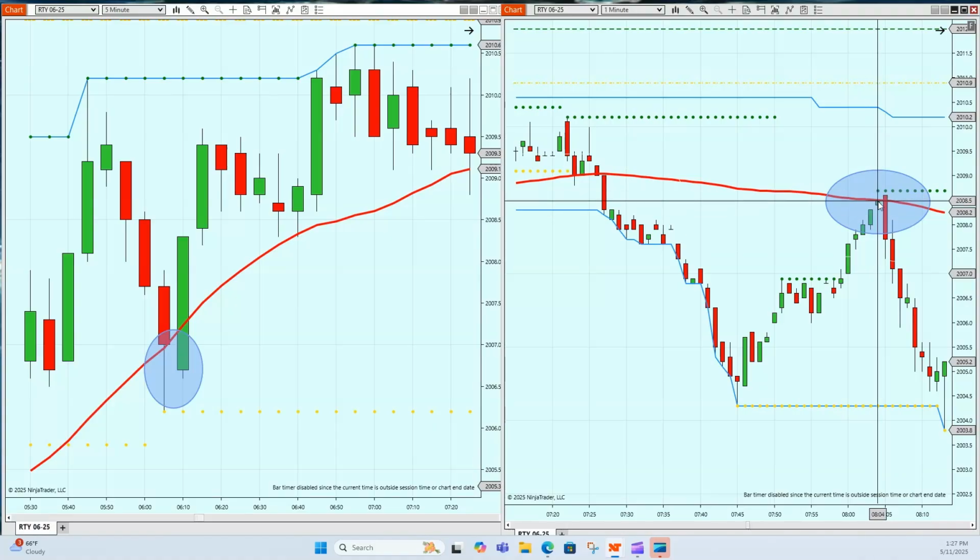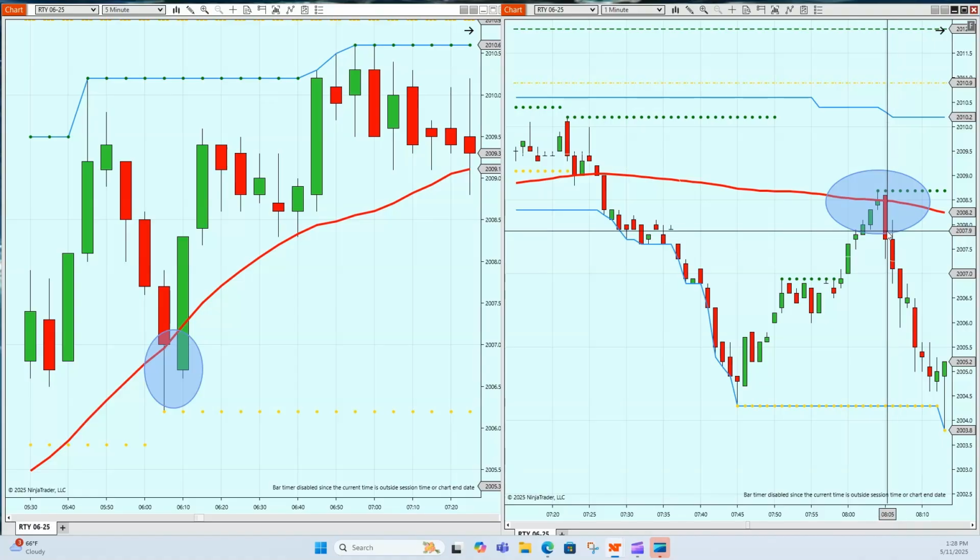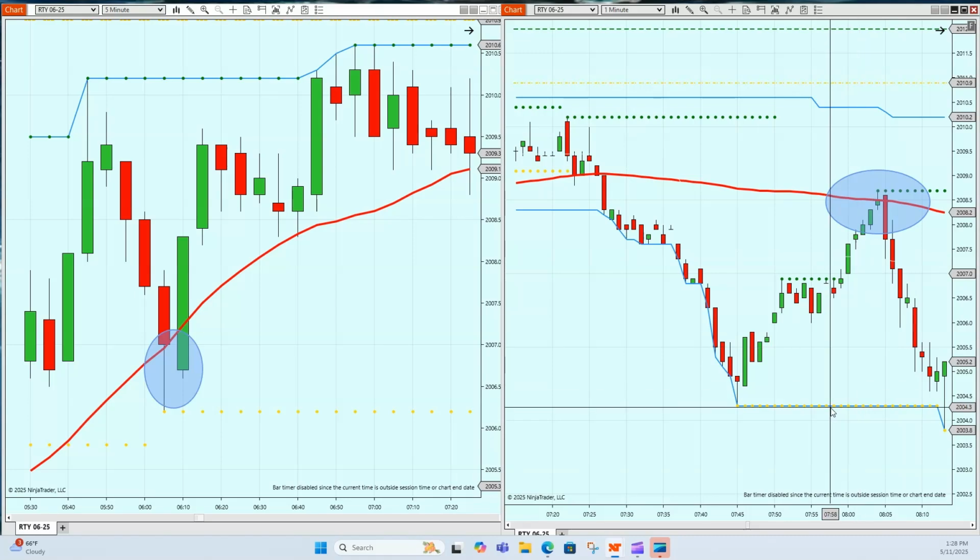A piercing candle in the direction of the trade? Yes. And then enter the break of that candle, which is right there. Bam. You just keep following, sell stop, following your sell stop, and then bam, down it goes. So just like a 1 minute gold line in that situation.